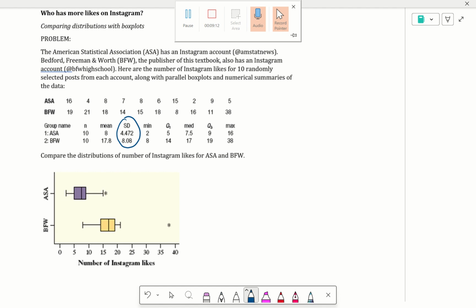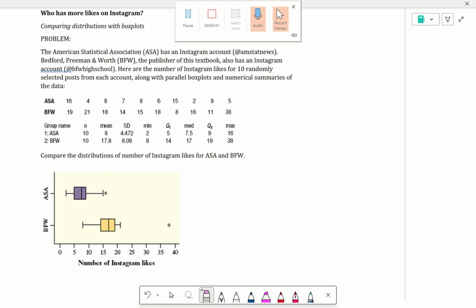That also is sensitive to outliers. So if we have outliers, not a great way to measure variability. We have our minimum value, we have our maximum value. Again, we can find the range from that. Range is sensitive to outliers as well. We have our first quartile and our third quartile. We can find our IQR from that, and we have our median.